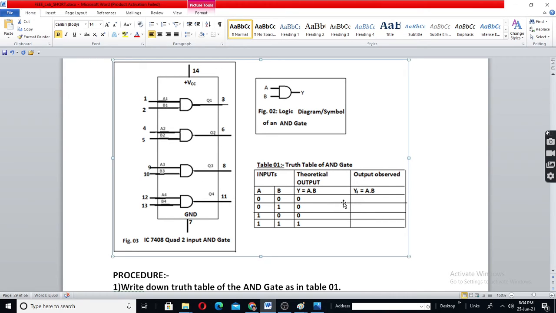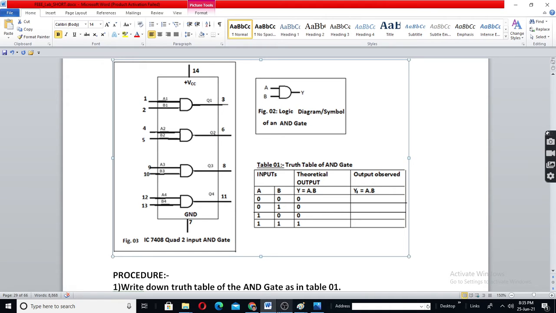So here now we will take only one gate, or any gate. Okay. So output will be high only if all of the inputs are high. Means if both A and B are 1, output will be 1. Else output will be 0. That is the AND gate principle or AND gate logic.